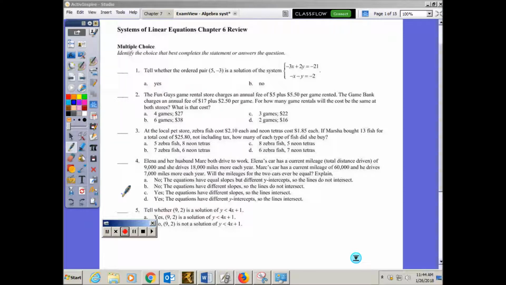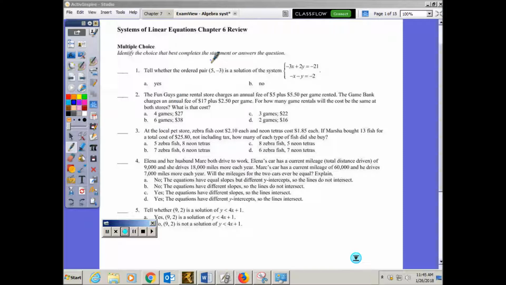So for my students, this looks just like the test that they're going to have on systems of linear equations. The first question asks, tell whether the ordered pair is a solution to the system of negative 3x plus 2y equals negative 21 and negative x minus y equals negative 2. So for this problem, it's a guess and check problem. You're going to take 5 and negative 3 and plug them in.